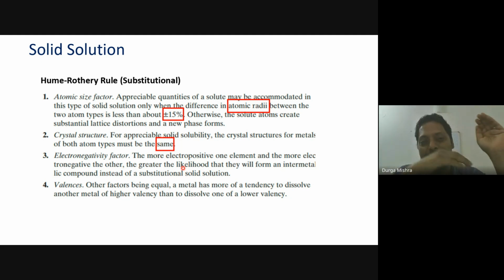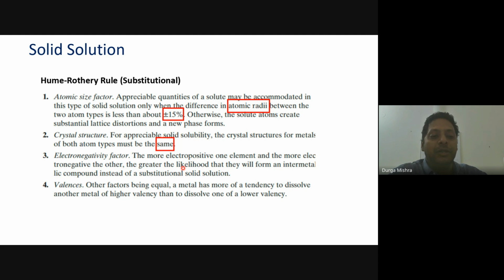This is a class of material. People deliberately make intermetallics as well for certain applications. But normally, if you want to have a substitution, you want to avoid a big difference in the electronegativity.